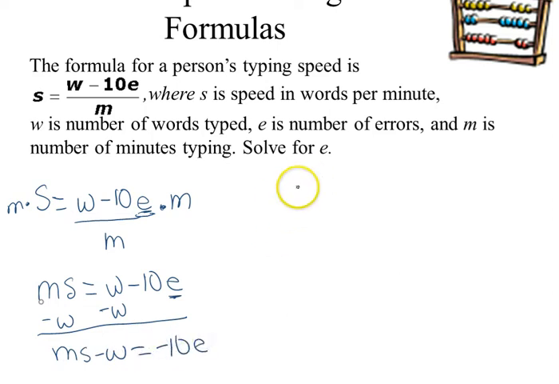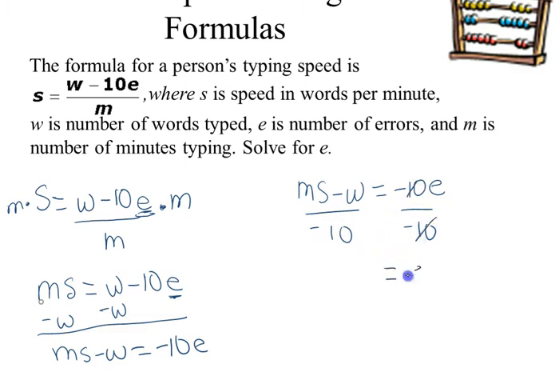Let's take it on this side. And here, this is multiplication, so we want to divide by negative 10. The 10s cancel. And we have MS minus W over 10 over negative 10.